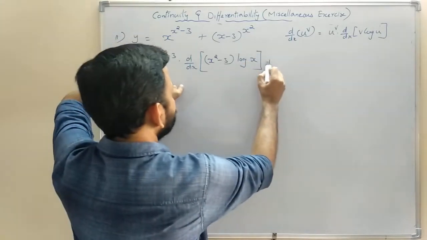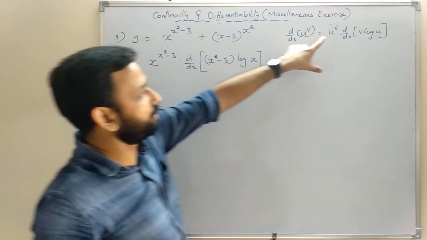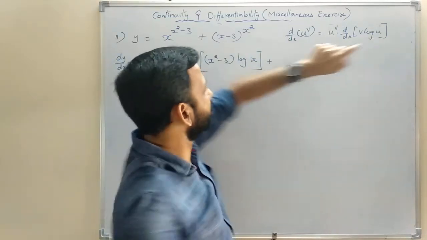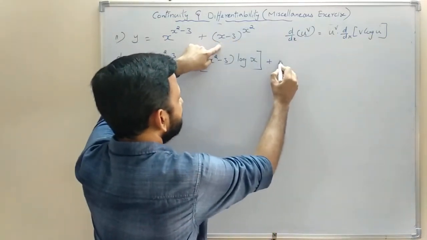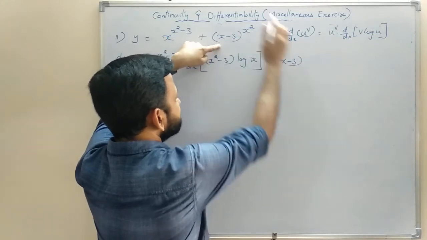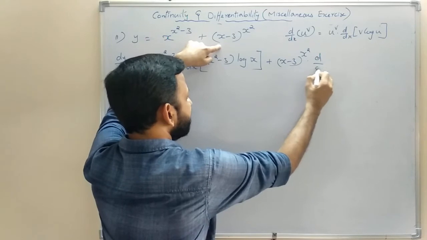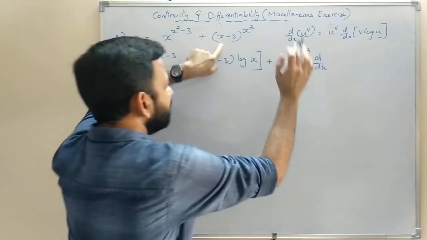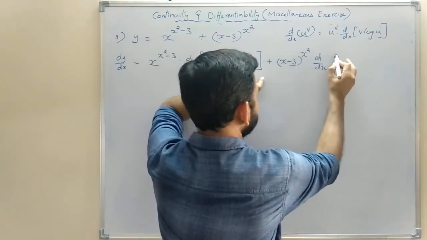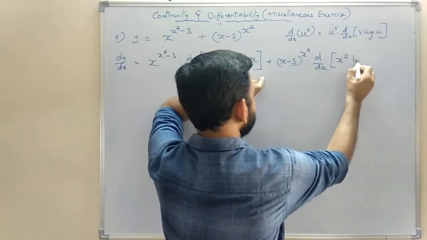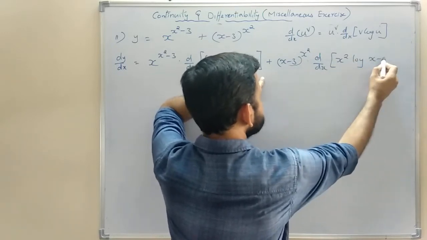Then plus the second one, same again, u raised to v into d by dx of v log u. So same expression: x minus 3 raised to x square into d by dx of v log u. Here v is x square, log base x minus 3.